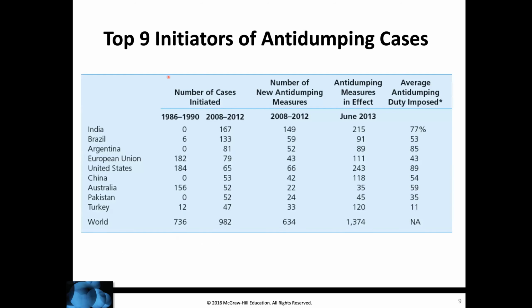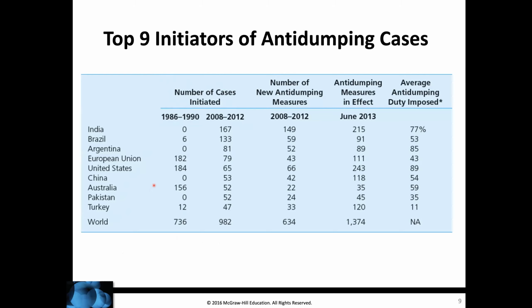This is a table, you can find it in your book as well. These are the top 9 initiators of anti-dumping cases: India, Brazil, Argentina, the EU, United States, China, Australia, Pakistan, and Turkey. We've got the number of cases initiated in 2 different time frames, 1986 to 1990, and 2008 to 2012.